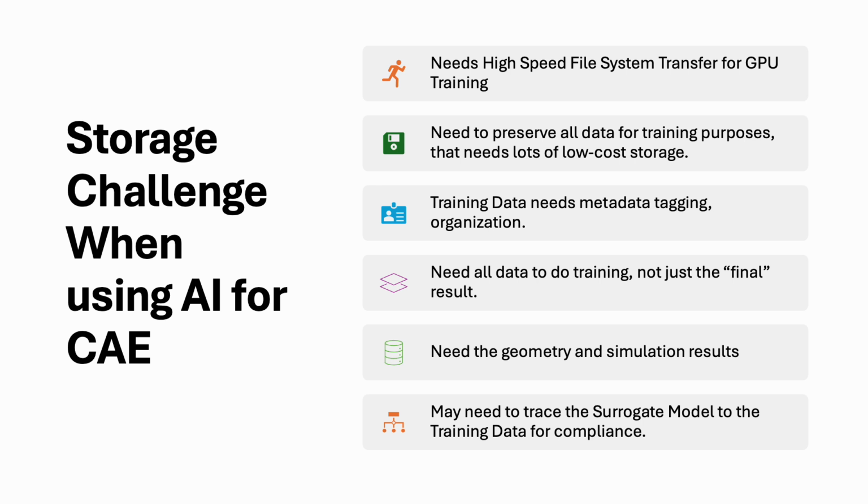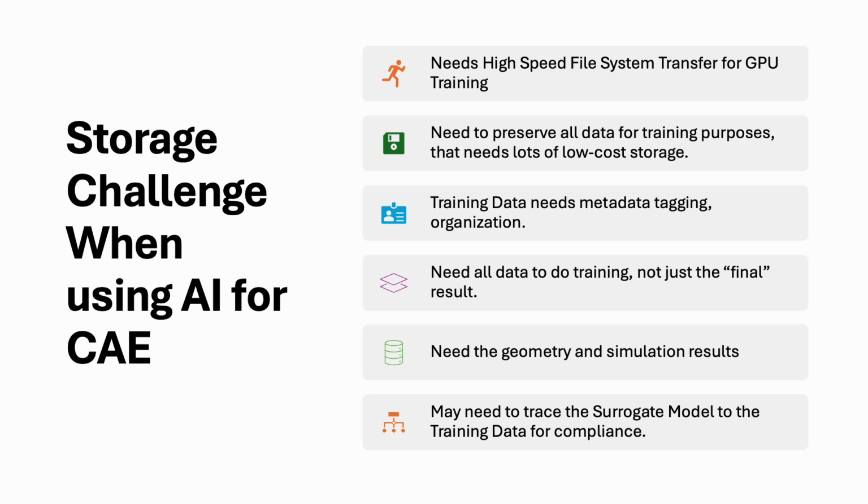Typically you do not need that data on high-speed storage because you're just storing it like an archive. But while you're training, the training does need extremely fast access to the storage. So again, you're often going to have a couple of different classes of storage: one cheap storage to save all the data for the long term, and then high-speed storage to do the training.